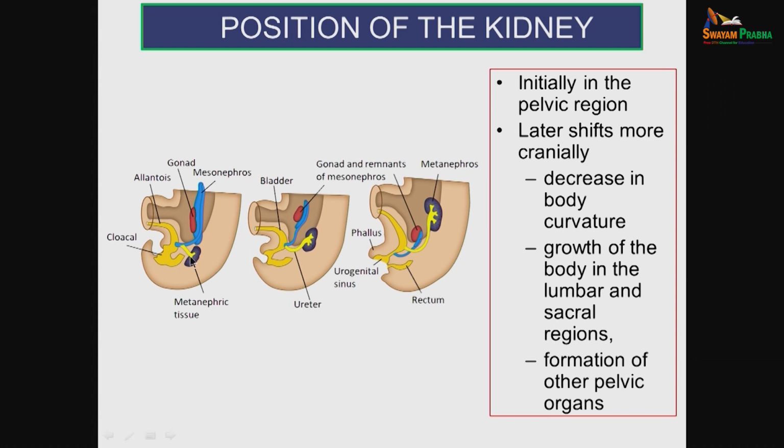It shifts more cranially, the reasons being: one, there is a decrease in the body curvature; two, there is growth of the body in the lumbar and sacral regions; and three, various pelvic organs are being formed at the same time, and hence the kidney ascends up to the lumbar region. So initially it is in the pelvic region, later it shifts more cranially.